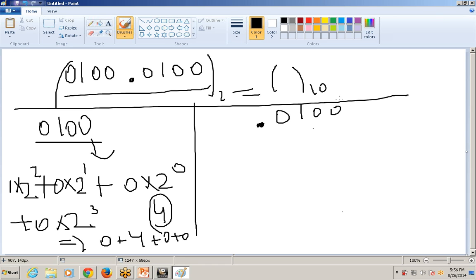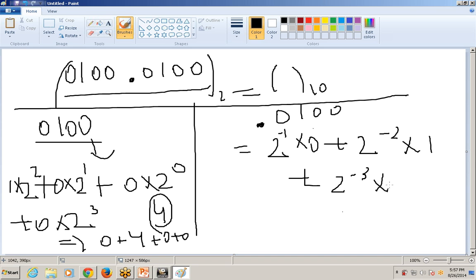Now the next part is the fractional part, where I am using 0, 1, 0, 0. Use 2 power minus 1 into 0 plus 2 power minus 2 into 1 plus 2 power minus 3 into 0 plus 2 power minus 4 into 0.